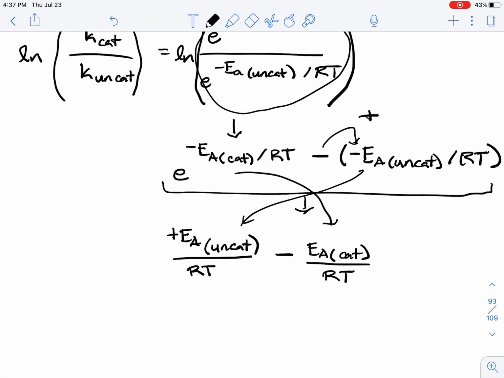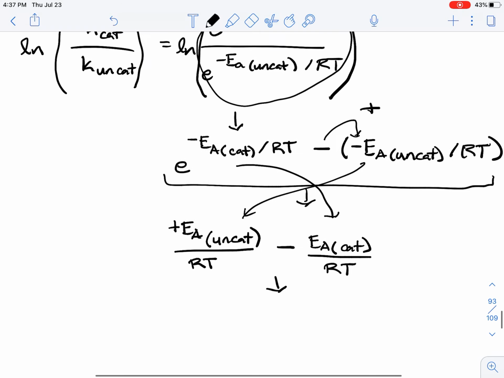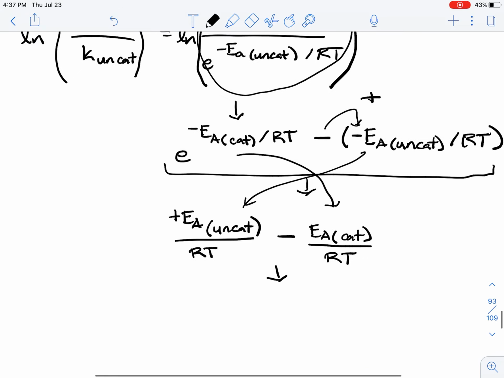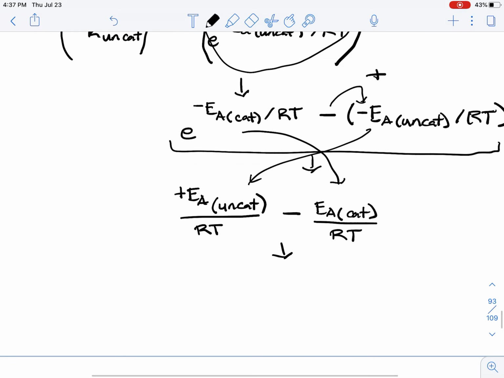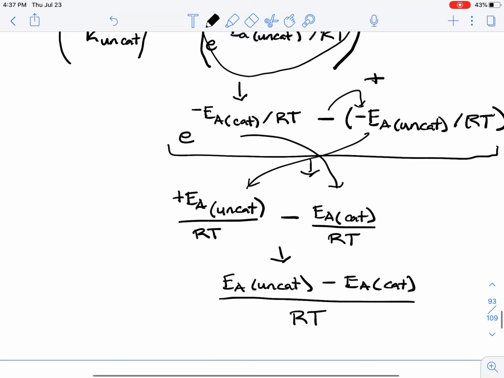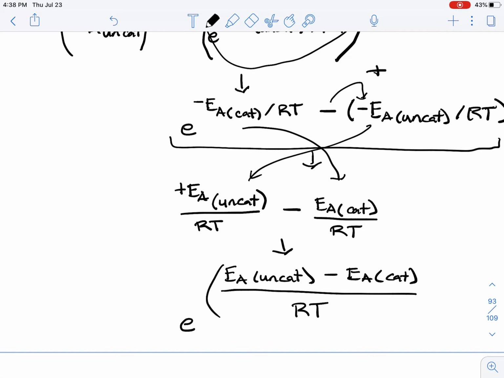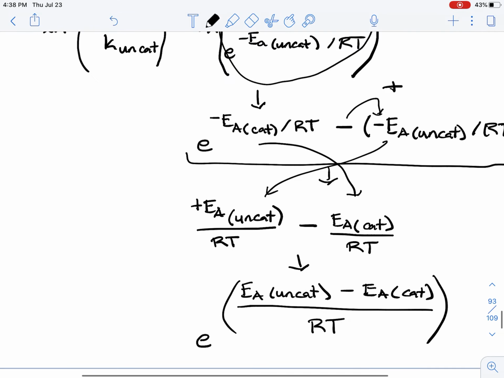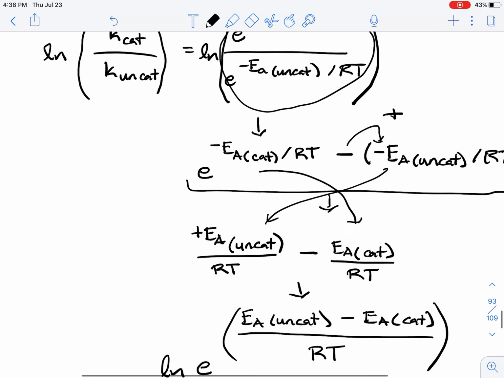Now, if you recall the rules of subtraction for fractions, if they have the same denominator, then you can combine them. And so what you get is the activation energy for the uncatalyzed reaction minus the activation energy for the catalyzed reaction over RT. And remember, this is still being raised to the e power, and then there's that natural log in front.